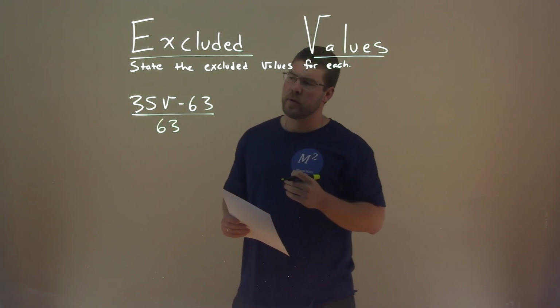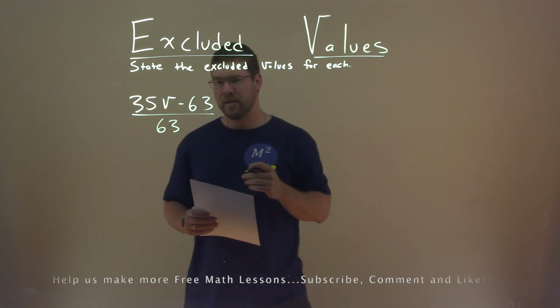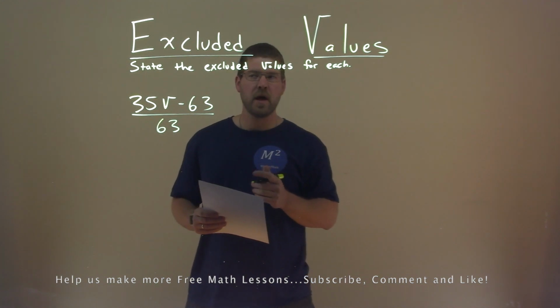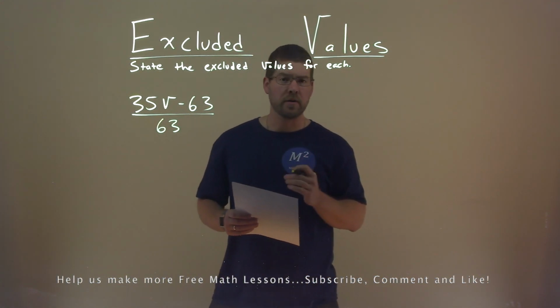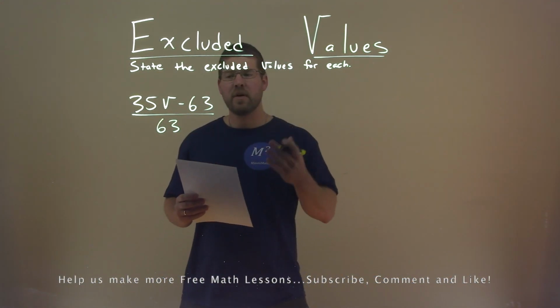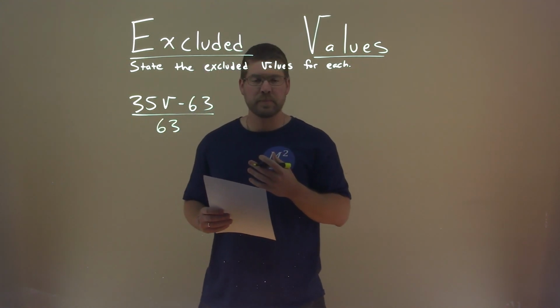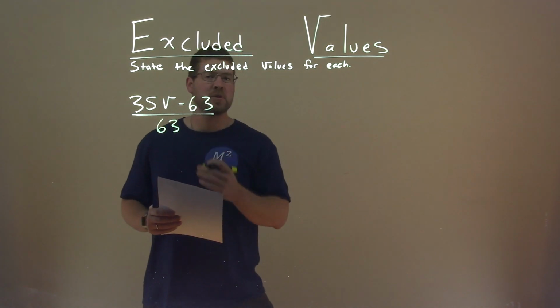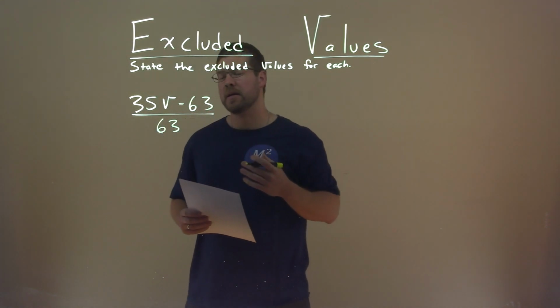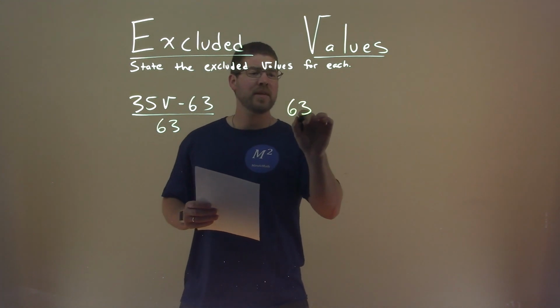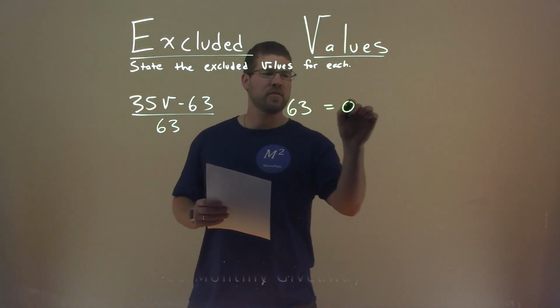We're given this problem right here, 35v minus 63 divided by 63, and we want to state the excluded value. Well, an excluded value is a value that we cannot plug into this expression. And normally that happens with a rational function when we're dividing by 0. So normally I would take my denominator, 63, and set it equal to 0.